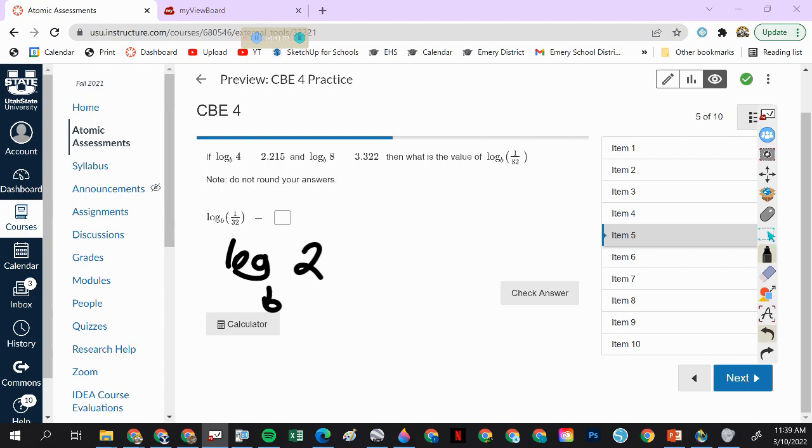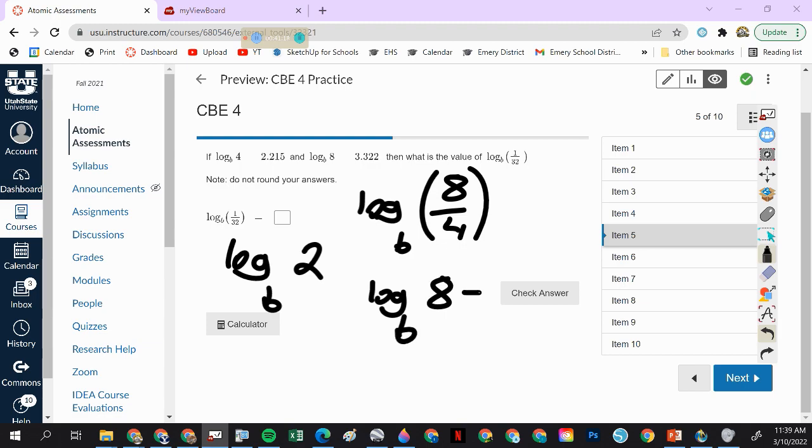How do I build a 2 using only 8s and 4s? So we're going to do log base b of 8 over 4. Now I split that. So log base b of 8 minus log base b of 4. And so the answer is just going to be 3.322 subtract 2.215.